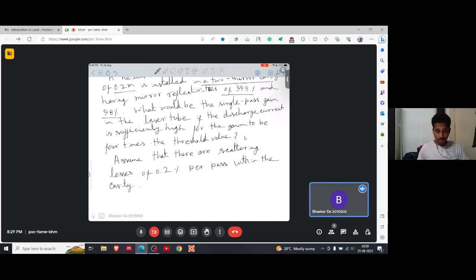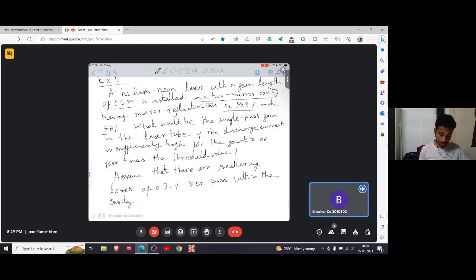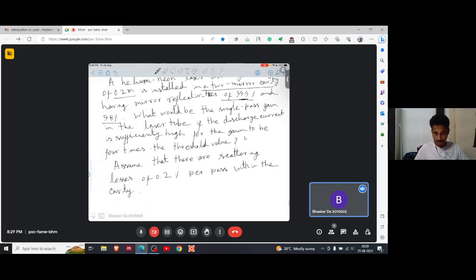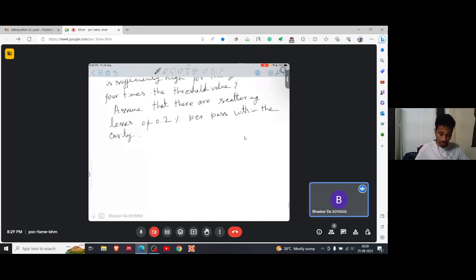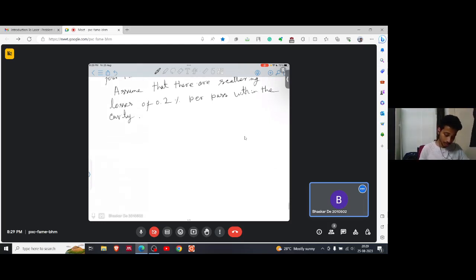So this is an important statement, that is, there are scattering losses present in the cavity. So there is already 0.1% transmission loss present for one mirror, and 2% loss present in the other mirror, and then there is another loss, that is 0.2% scattering loss per pass in the cavity.